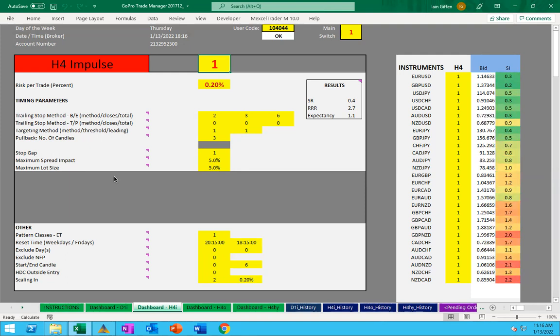Nivik's asking, he's been trading at 0.2% per trade up until now. Would it be advisable to increase to 0.4% per trade? Nivik, on the funded trader program, depending on the goal, if you are needing to hit that take profit goal within a certain amount of time, it may well be worth doing that.